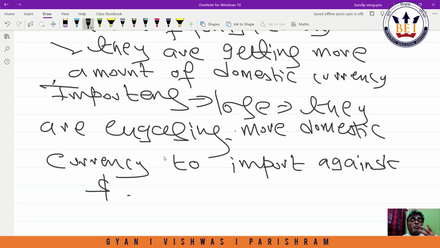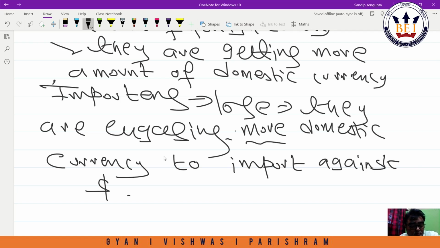I repeat, depreciation of domestic currency means import becomes costlier because they have to purchase more dollar. To purchase the same amount of dollar, they have to put more domestic currency, whereas exporters are gaining because the money they get after depreciation is greater than the money before. So see the effects: exporters gain, importers lose.